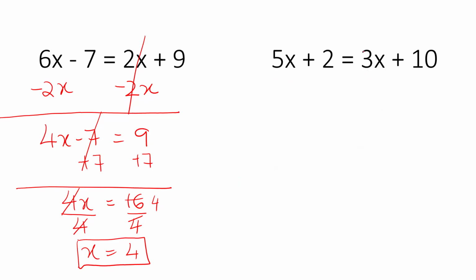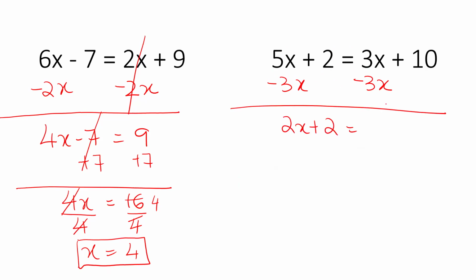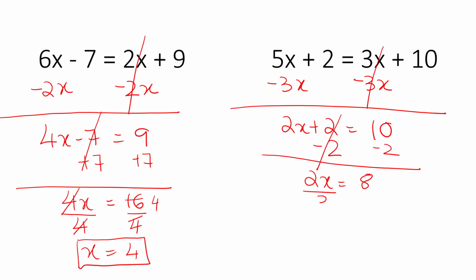So 3 is less than 5, so we are going to get rid of 3x first. 5x minus 3x is 2x plus 2 equals 10. And then again the inverse of plus 2 is minus 2. So now we are left with 2x equals 8. And when you divide by 2, we have x equals 4.